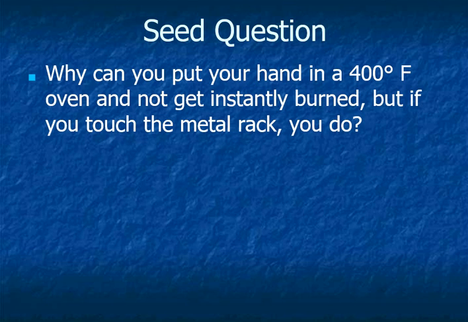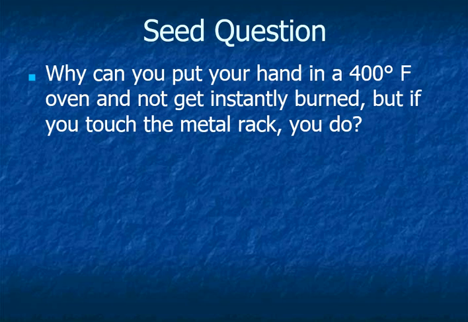Okay, we're back. First of all, I want you to think about the fact that both the air and the metal inside the oven are the same temperature, 400 degrees Fahrenheit. So that means that the molecules in the air and in the metal rack are moving at the same speed.